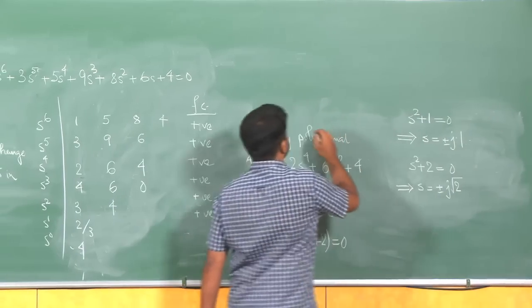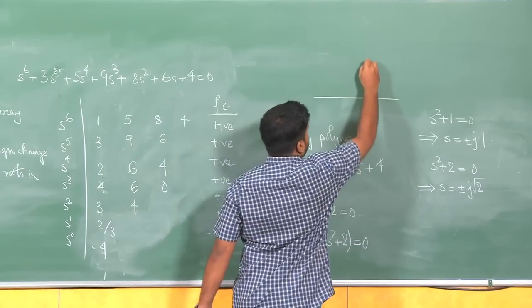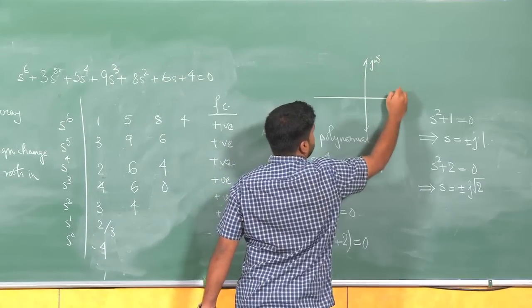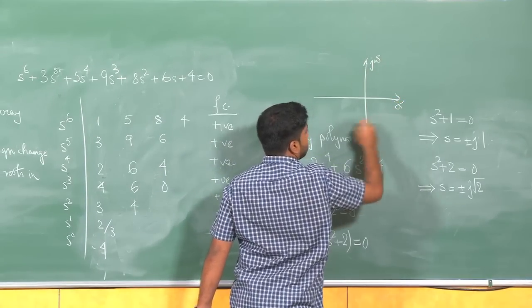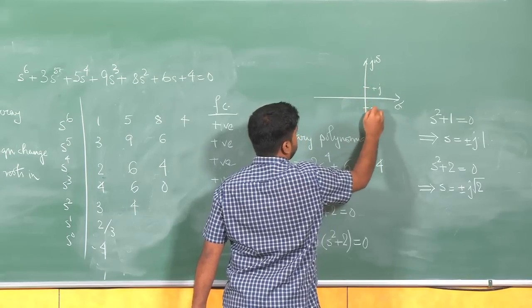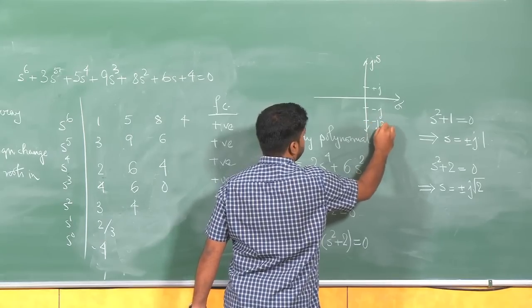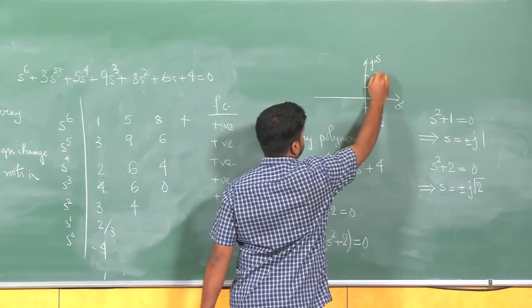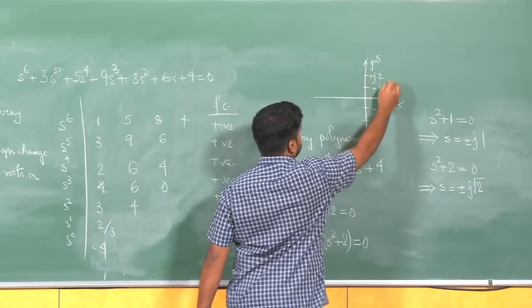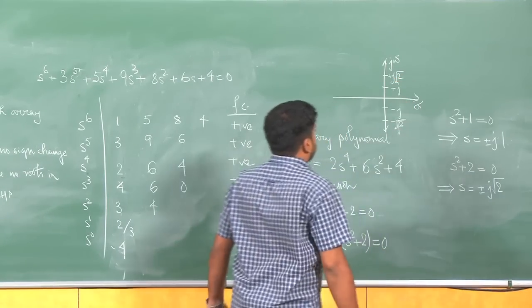So, if we just draw the S plane, and this is j omega, this is sigma. There is one at plus j, one at minus j, and one at plus j square root of 2, and one at minus j square root of 2.